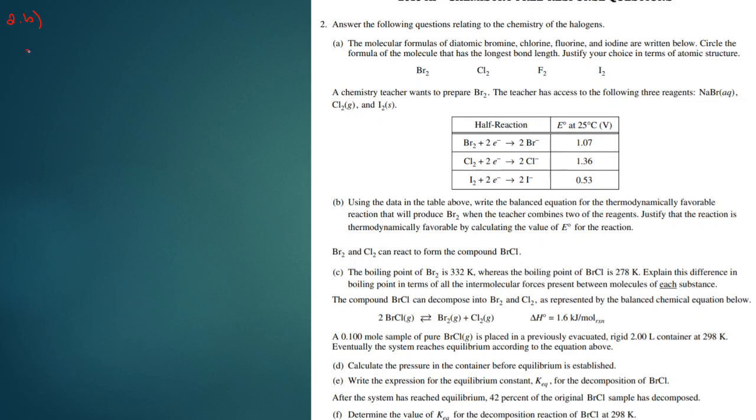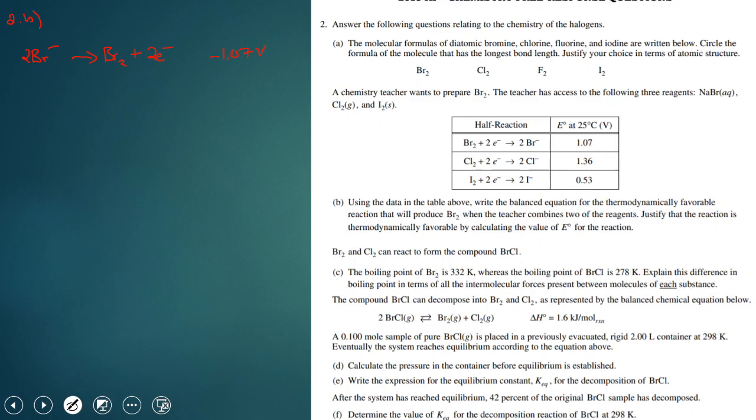So we have to have 2Br minus going towards Br2 plus 2e minus, and now our voltage would be negative 1.07 volts. And then think about what would allow us to have a positive E value or cell potential.